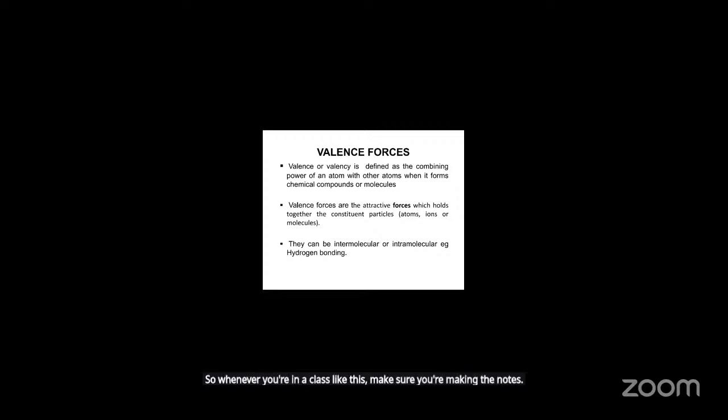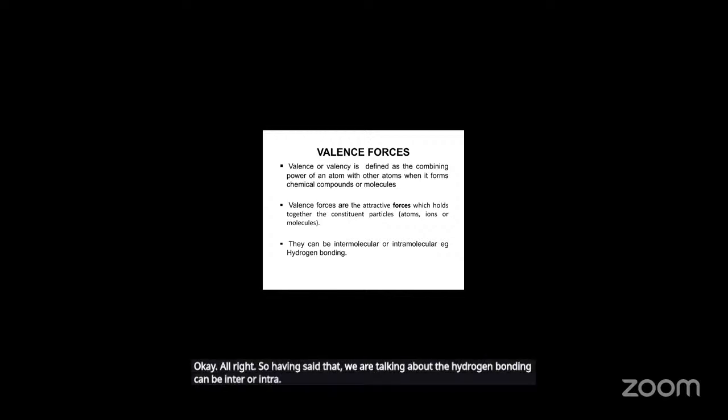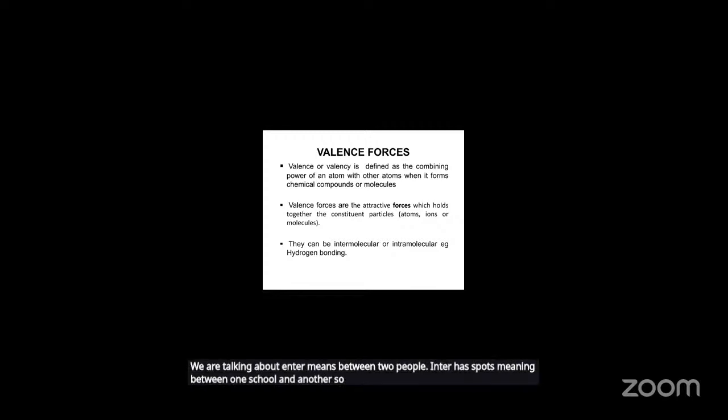Okay. All right. So having said that, we are talking about hydrogen bonding, which can be inter or intra. Inter means between, like between one school and another. So intermolecular hydrogen bonding is hydrogen bonding that has to do with two compounds or two molecules forming a bond.